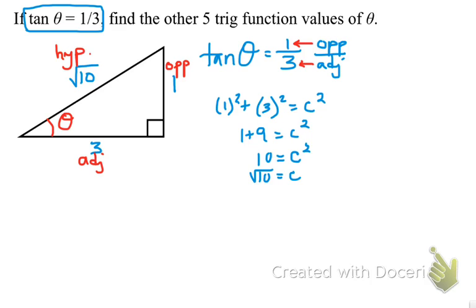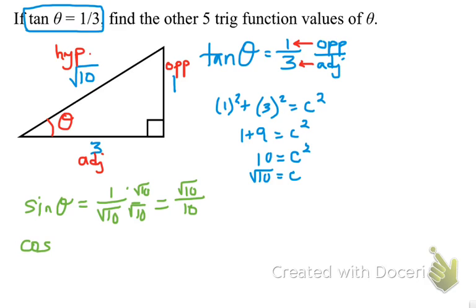Knowing those 3 side lengths now, the calculation of the 6 trig functions, actually we already know the tangent, so it's really just 5 trig functions left. It's the same process where the sine of theta is opposite over hypotenuse, 1 over root 10, which again, if we rationalize, we get an answer of root 10 over 10.